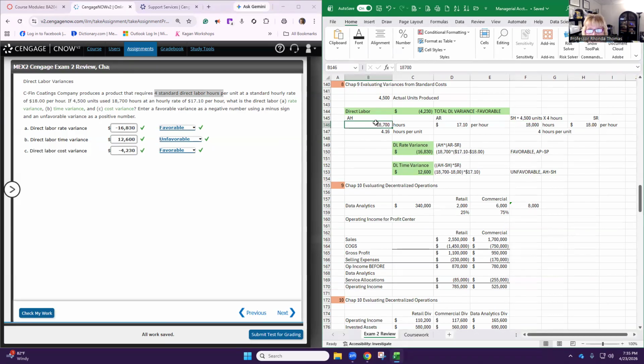But we actually spent more time than we should have, but we're paying a lower rate than the standard. So we're going to have a mix again. So let's get started with our direct labor rate variance. You take your actual hours, which is 18,700 times 17.10 minus 18. Okay, and that's where this number is coming in at.